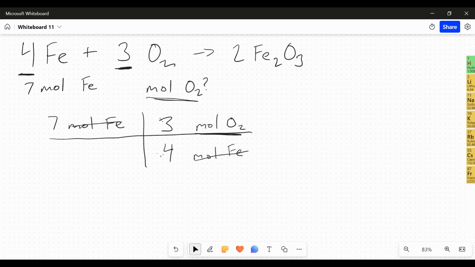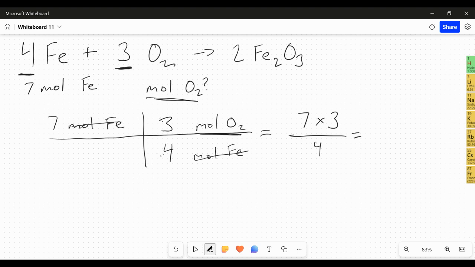So I know I don't need any additional steps. I'm in the right spot. I just have to solve the math problem. So we're going to squish this into one big fraction. On the top, I have 7 times 3. On the bottom, I just have a 4. So let's go ahead and solve this. Let me pull out my handy dandy calculator. 7 times 3 divided by 4.